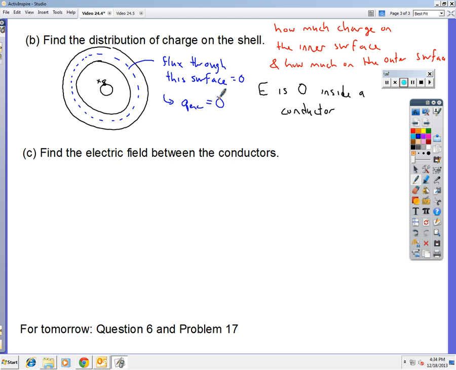And that means, because you've got plus Q on the inner conductor, that there has to be minus Q on the inside of the shell. That's quite useful. And that means, since there's a total of negative 2q on the shell, there is another negative q on the outside surface of the cylinder.